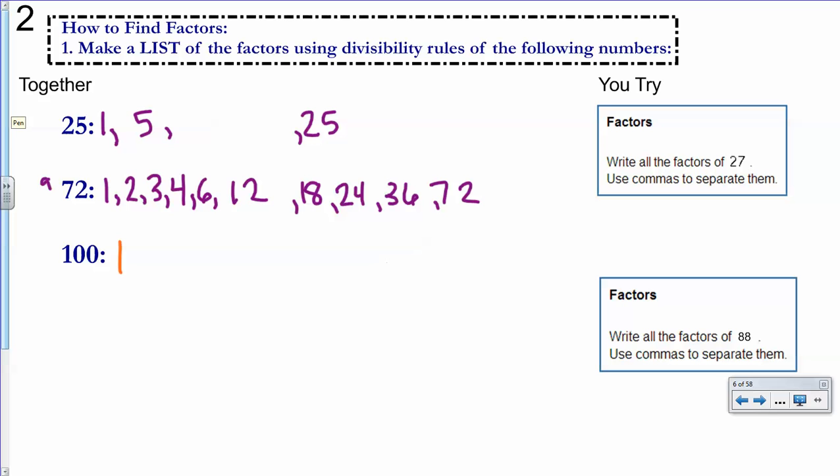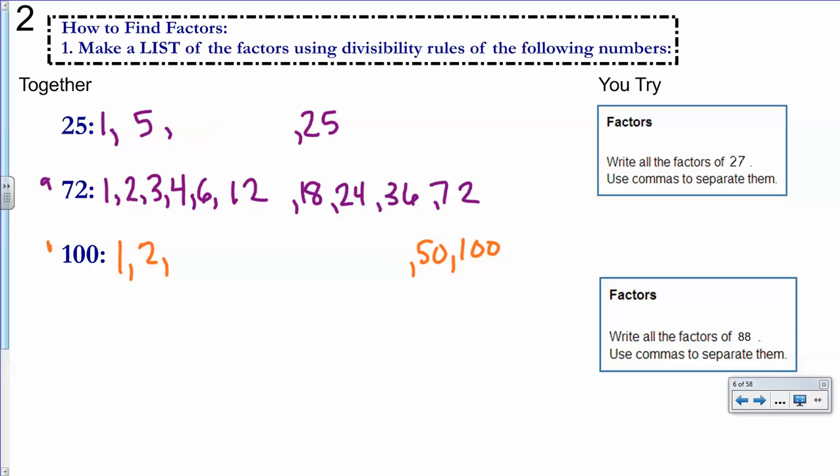All right, let's look at 100. I know for sure I'm going to have 1 and 100. It's an even number, so I know it's going to be 2 and 50. How about 3? My digits add up to 1, so that's not going to work. How about 4?